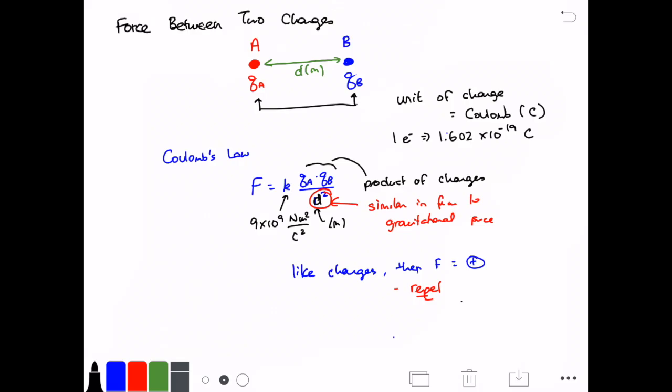In contrast, if you have opposite charges, then positive times negative will give you a negative value of force. And if the force is negative, then what that means is that the particles are attracting each other.